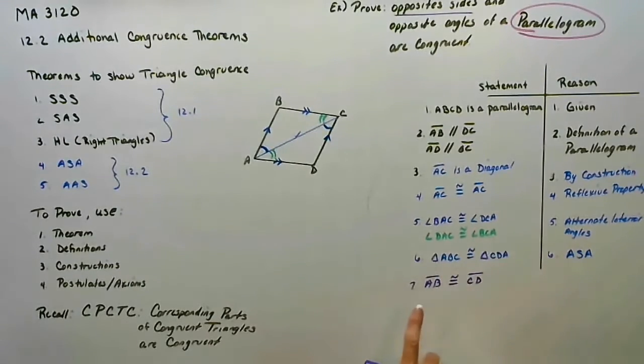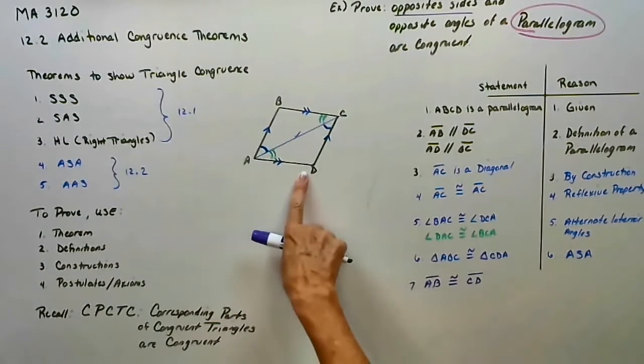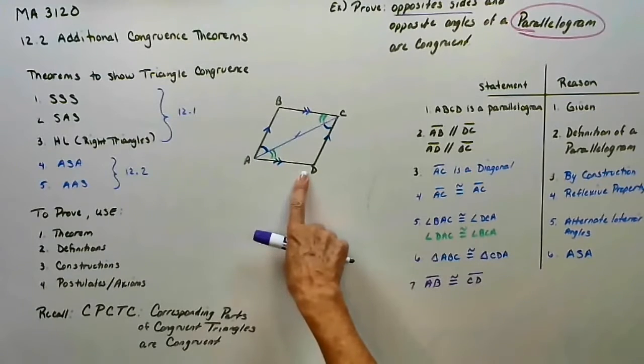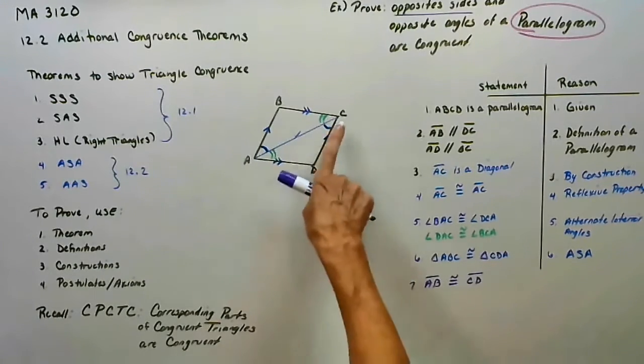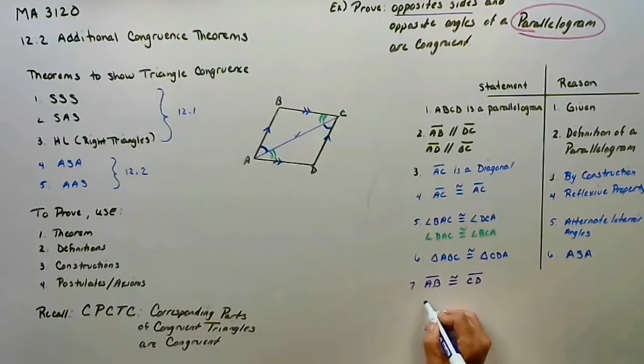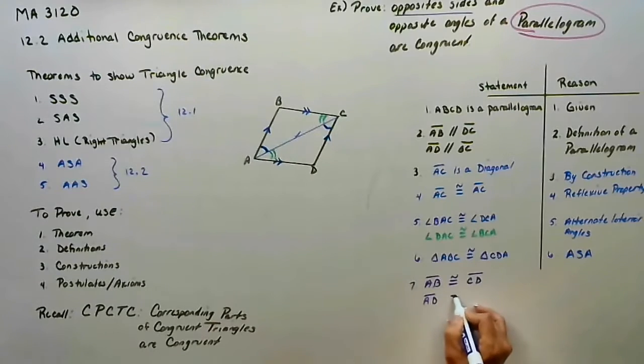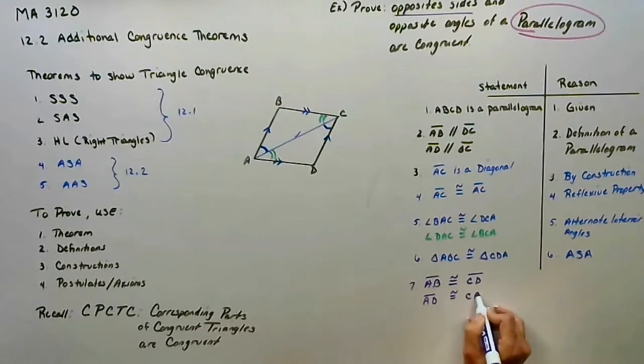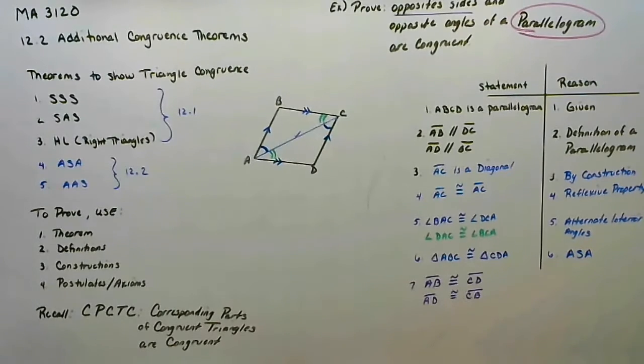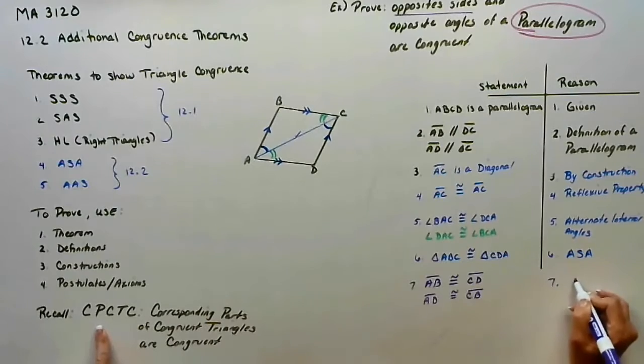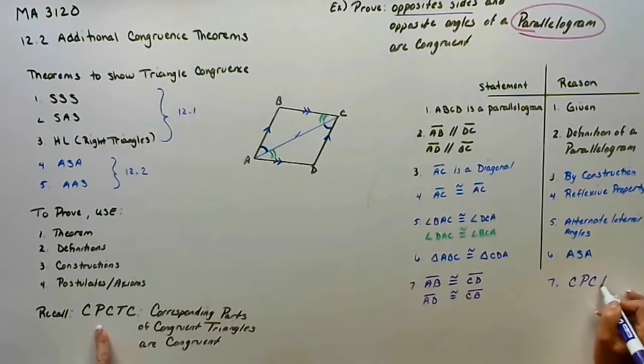You can also say, I lost my place. AD is congruent to CB. So I believe we just showed that opposite sides were congruent because corresponding parts of congruent triangles are congruent.